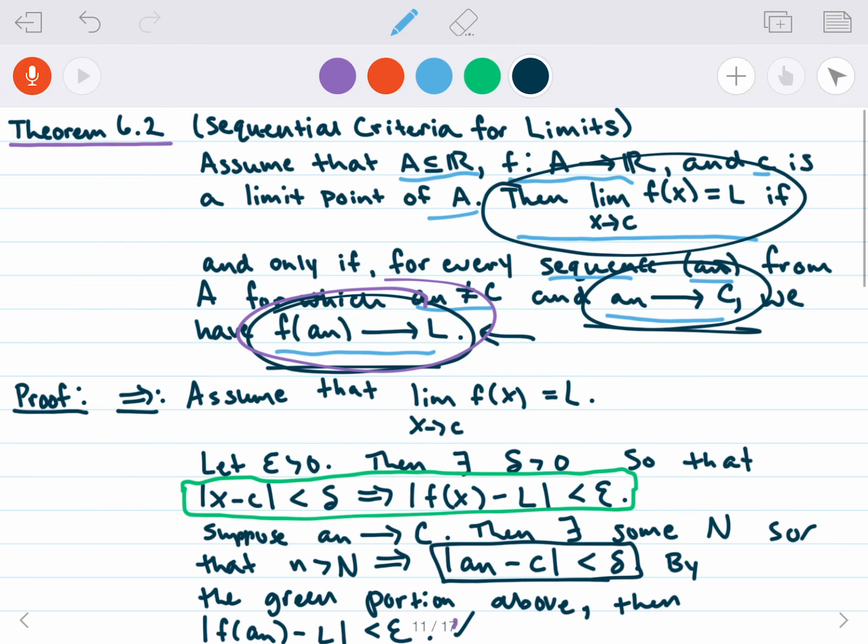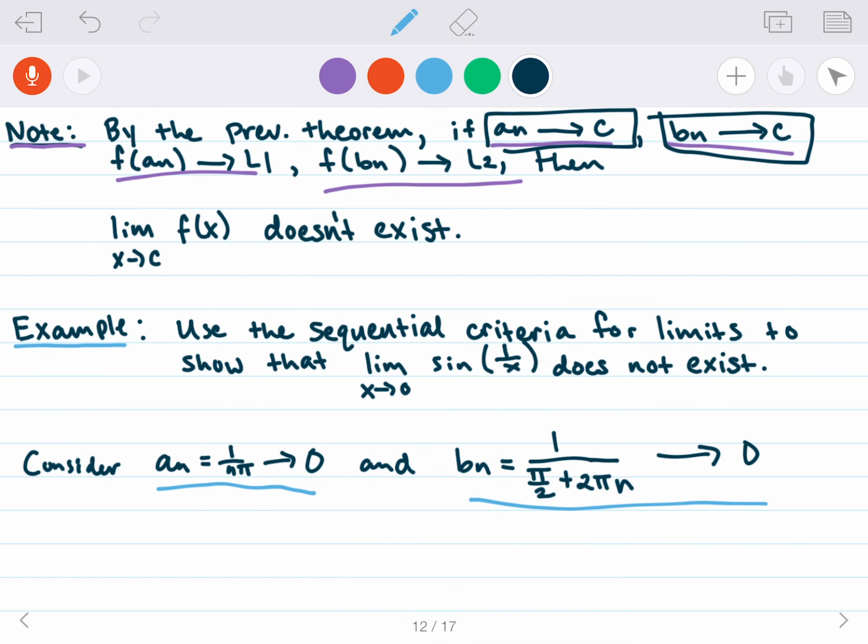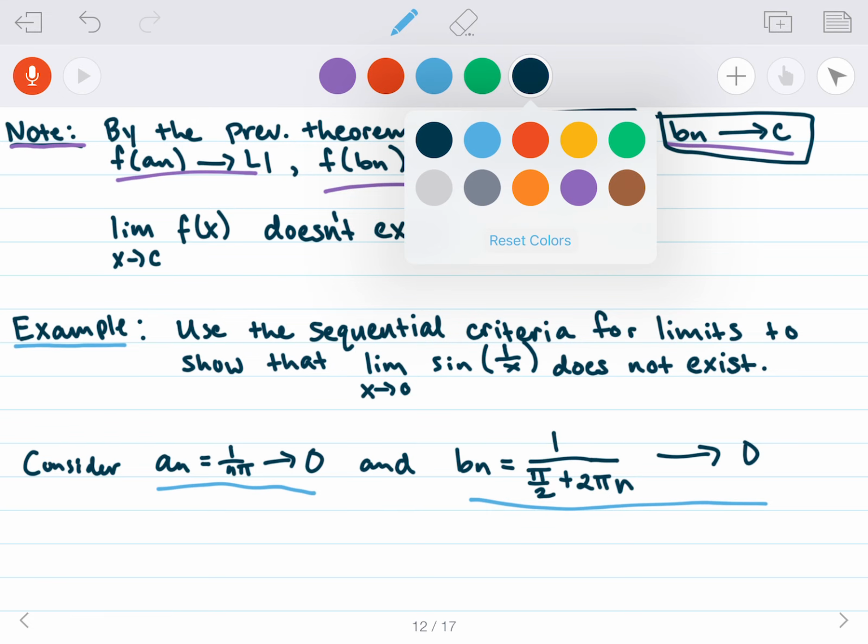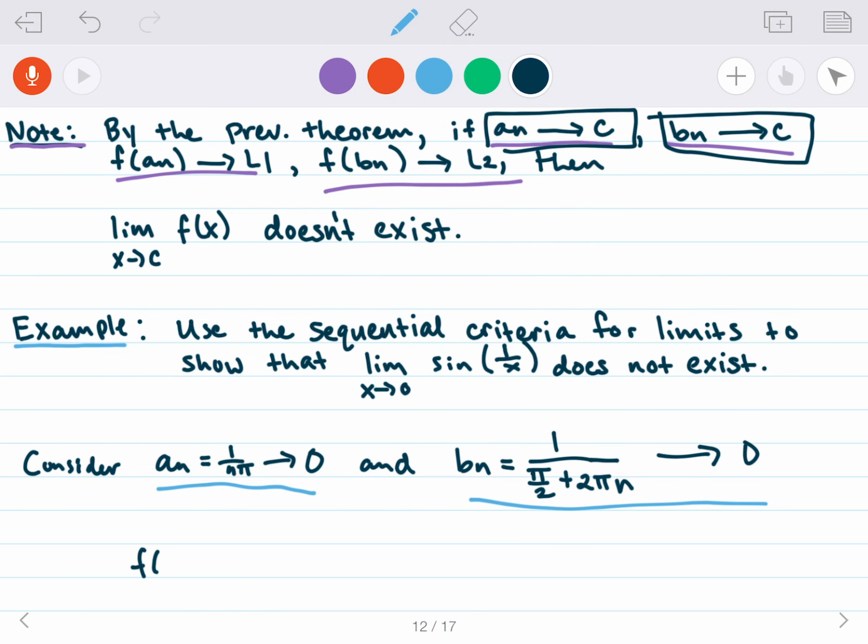And our sequential criteria says that for any sequence going to 0, when we plug f of that sequence in, it should go to a common limit. Okay, and if it doesn't, then the limit doesn't exist because limits are unique. Okay, so let's check out f of a sub n. I'm just plugging in a sub n for f, which is sine of 1 over x.